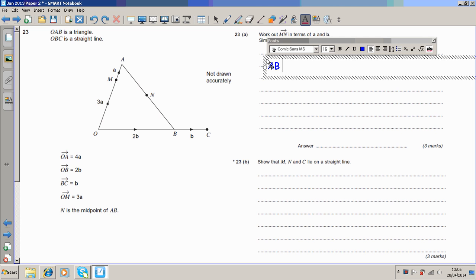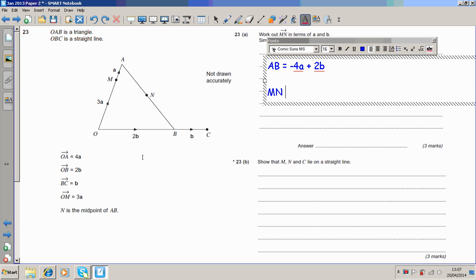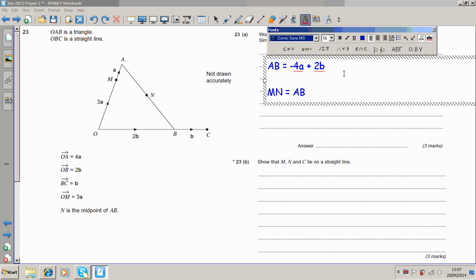So AB is equal to, and officially I should have a little arrow above them, but I don't have an arrow available to me, I'm afraid. A to B. Well, A to O is 4a, but in the opposite direction, so that's minus 4a, and then O to B is going to add 2b onto it. So that's what AB is. So MN equals half AB.